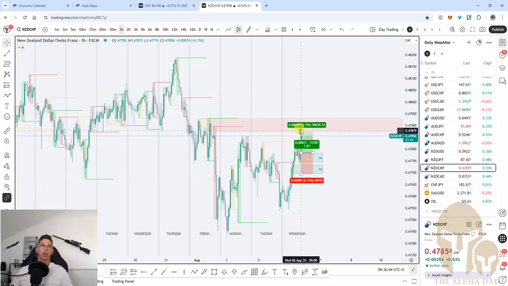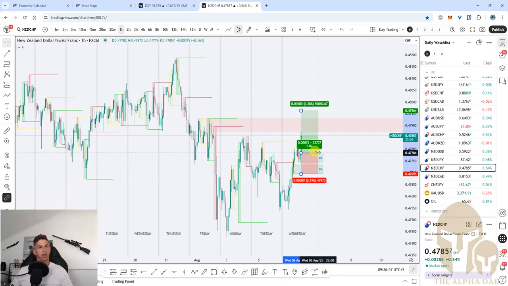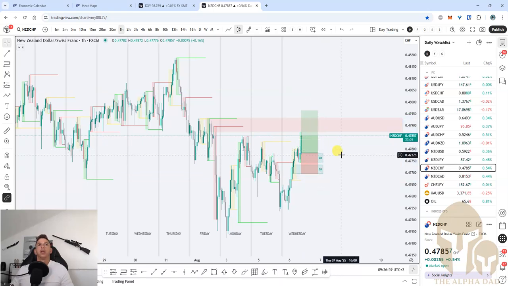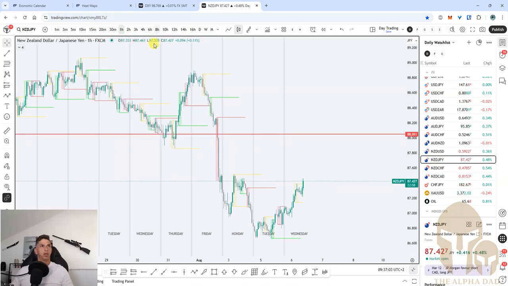Okay, so this one would be there for the break even, and we should make a higher high for the 221. Okay, let's go to see NZD-JPY now.